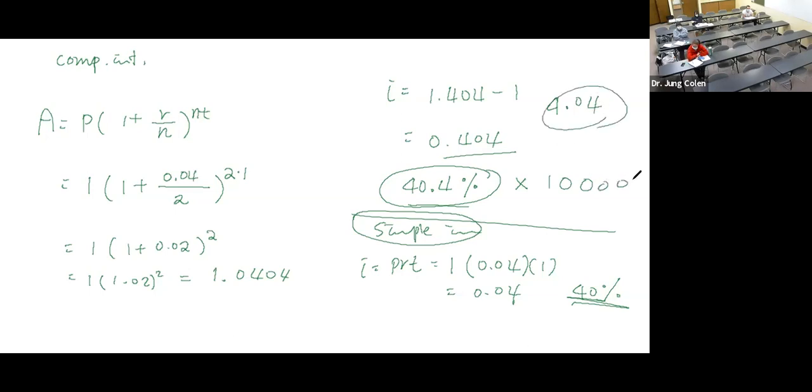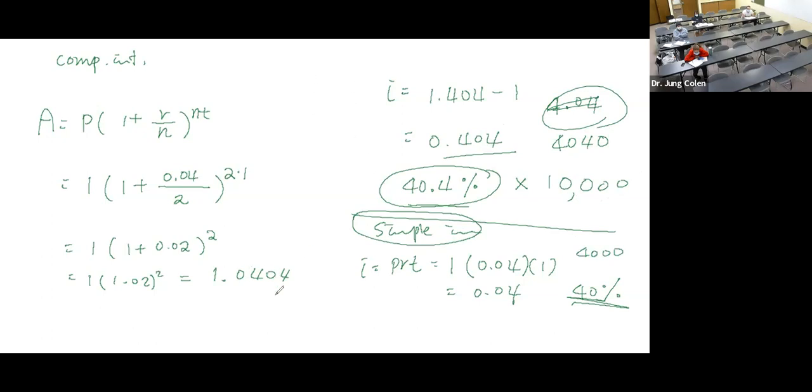Let's do a lot more money. Let's say you are investing $10,000. Then you're going to have, what's that? This is how much interest you are getting, right? But if we are using simple interest with $10,000 at 4%, you're just going to get $400. So there's already a $4 difference, right?